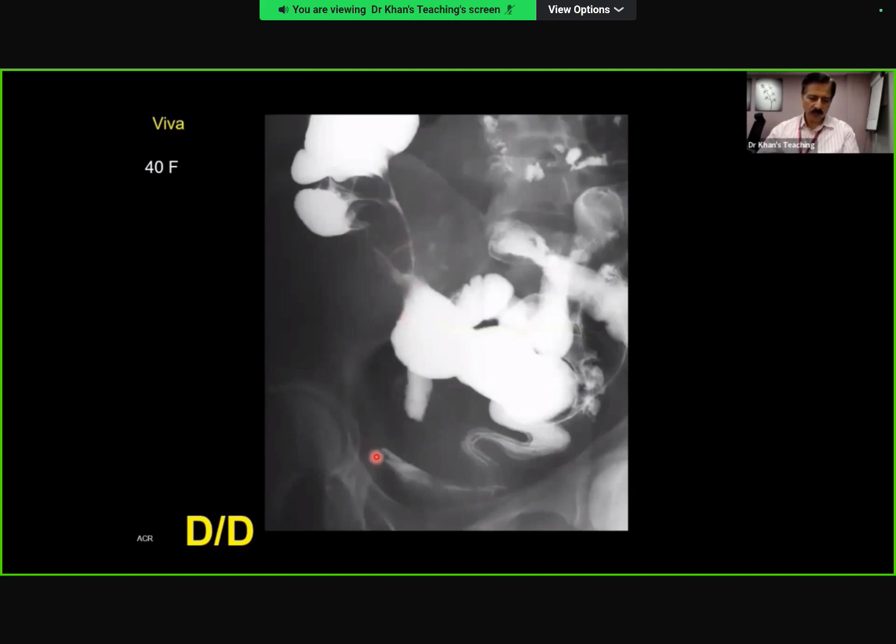You have picked up this very well, where you picked up that there is contrast in the urinary bladder where it should not have been any contrast, and then you can see a faint outline there. Please remember, in the exam they will show you contrast in the bladder without any fistula, but you can infer that there must be a fistula.